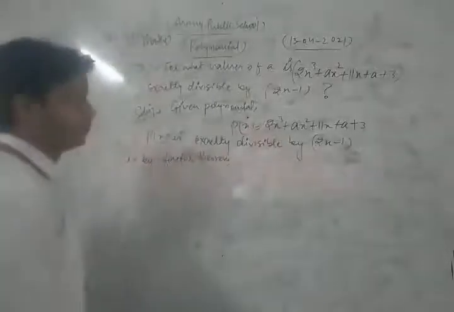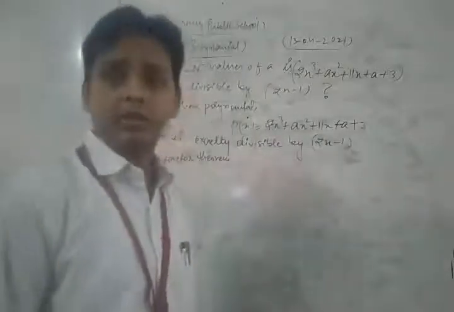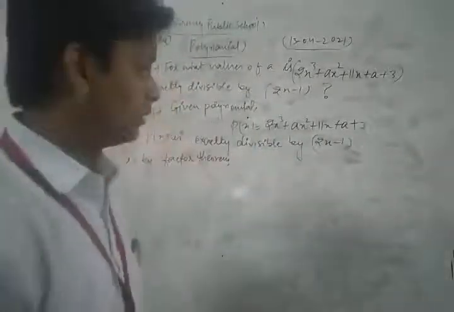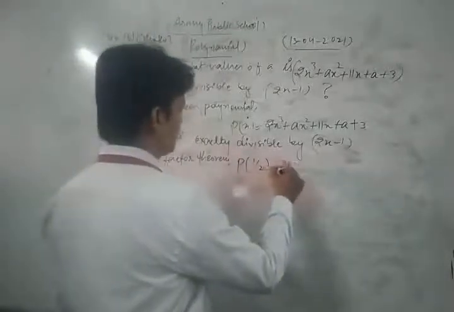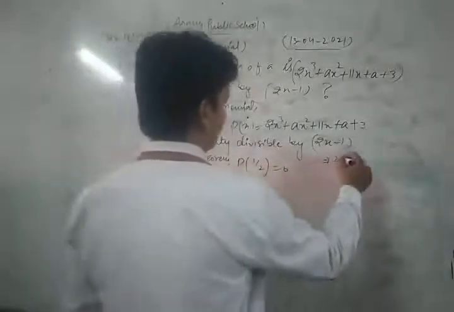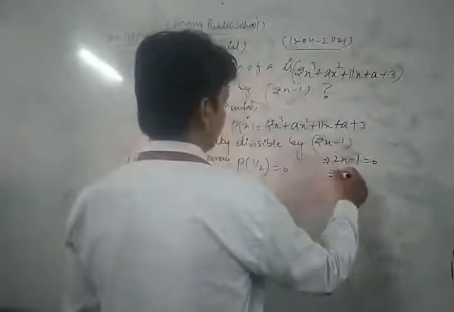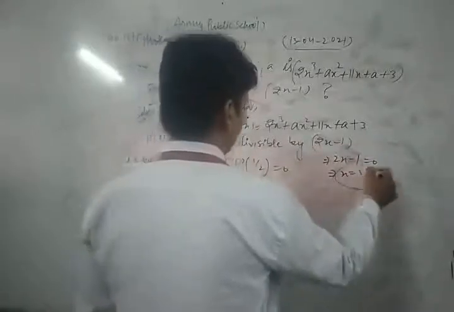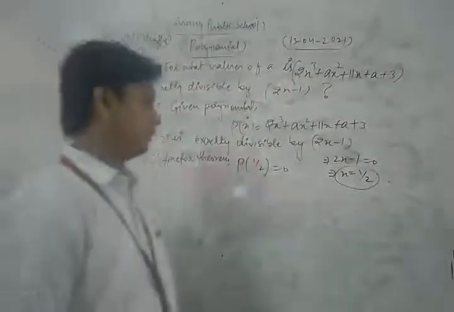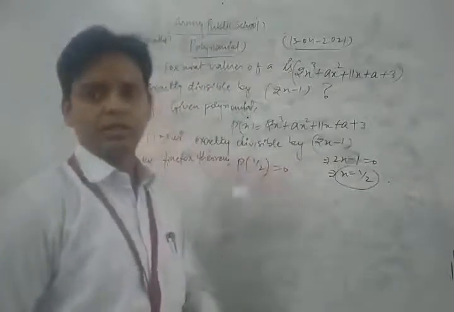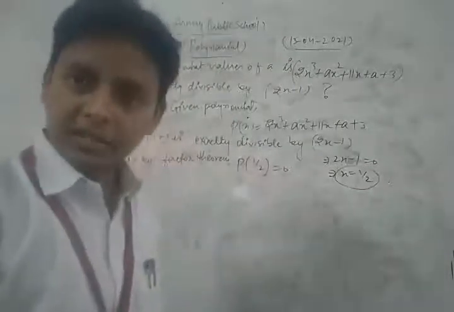that is by which theorem, dear student? By factor theorem. So by factor theorem we have p of 1 by 2 must be equal to 0, because if we take 2x minus 1 is equal to 0, then we get the value of x is 1 by 2. Thus by factor theorem p of 1 by 2 must be equal to 0.